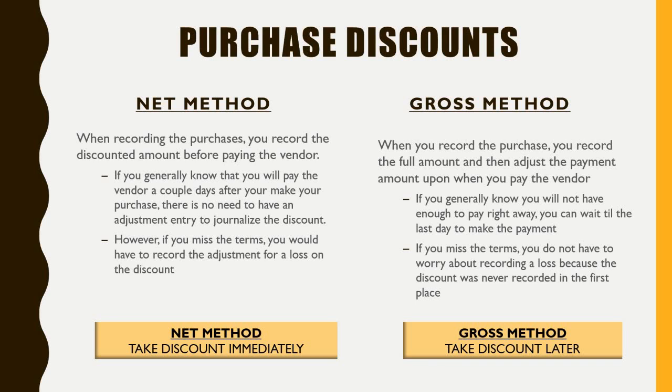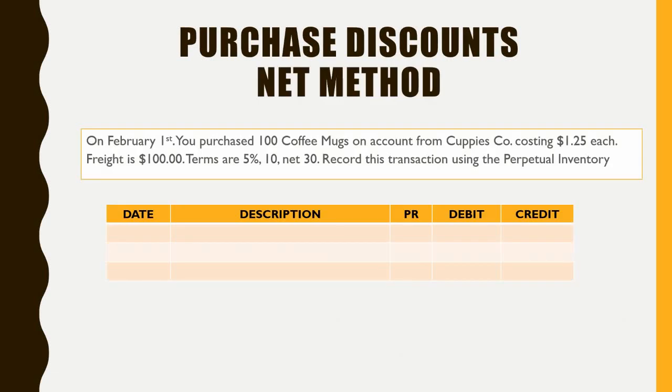We looked at this before when we were doing our periodic inventory. We've got to look at what it looks like when we establish a net method of recording the purchase discounts or whether we use the gross method. So let's go ahead and practice this. Net meaning you take the discount now, gross meaning you take the discount later. Let's learn the first one first, which is the net method.